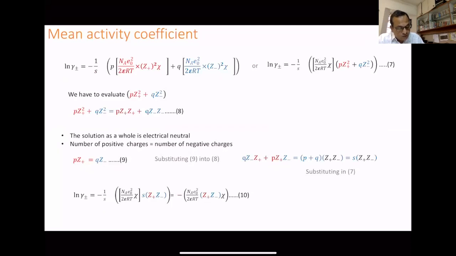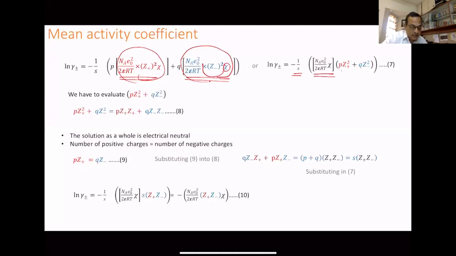I just put the value, right? You can see I substitute the values of ln gamma plus and ln gamma minus by these quantities for cation and for anion. If you simplify it, most of these are common. So what I get is minus 1 upon s, this quantity, upon p Z plus q Z minus. I put this chi inside now.